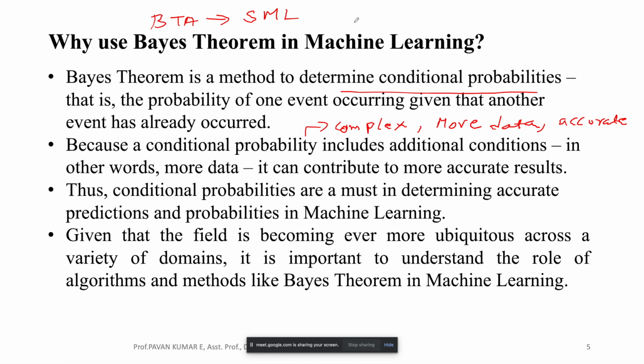In machine learning you have unsupervised, supervised, and also reinforcement algorithms; these are the three main classifications. Bayes comes under supervised.